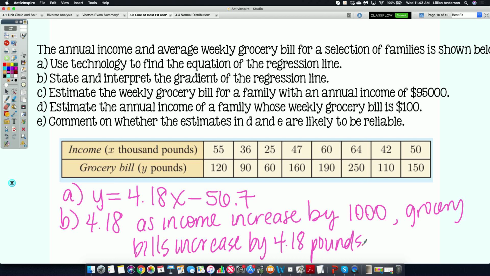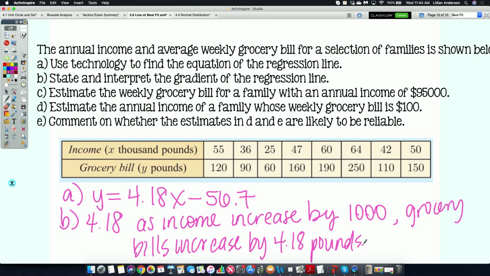All right. We're going to estimate the weekly grocery bill for a family with an annual income of 95,000 pounds, not dollars, pounds. Okay? We're going to do this one of two ways, because we have the equation already written out for us here. If I'm trying to find my weekly grocery bill, am I looking for X or Y?